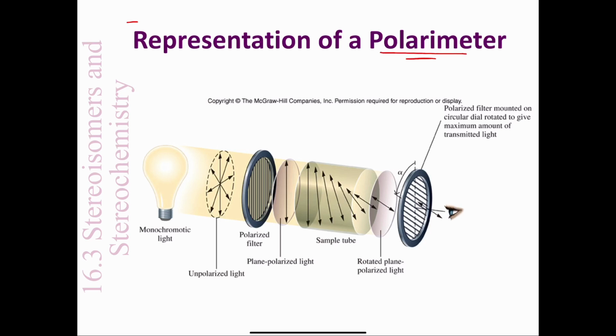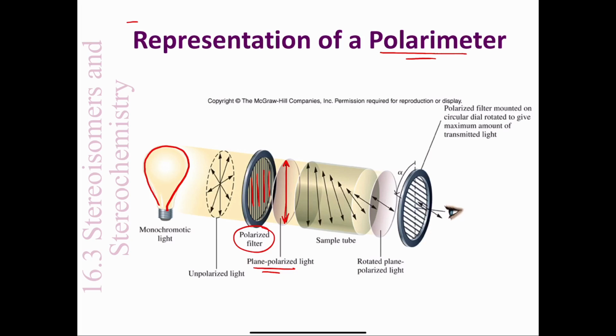A polarimeter is used to distinguish between enantiomers. So we have our monochromatic light source here, and then it passes through this polarizing filter, which allows only one direction of the light to pass through it, and we call that plane polarized light.